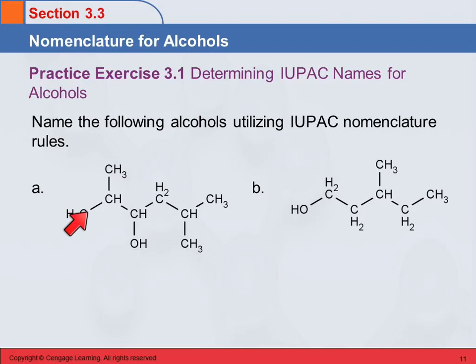So we could count here 1, 2, 3, 4, 5, 6. No matter how we count it, we're going to end up with 6. So that's going to be hexanol, because the longest chain would be hexane, and the hydroxyl group makes it an alcohol.